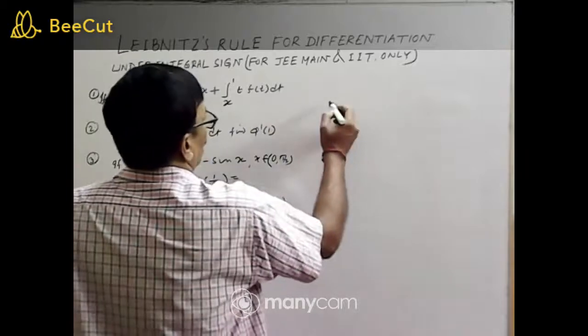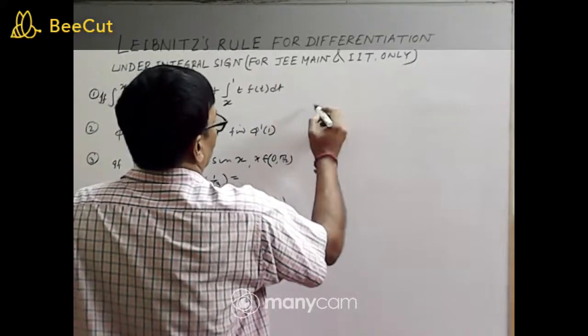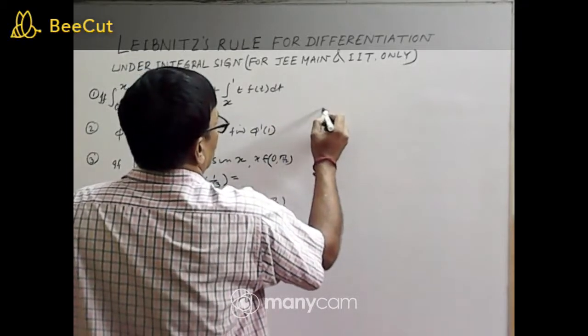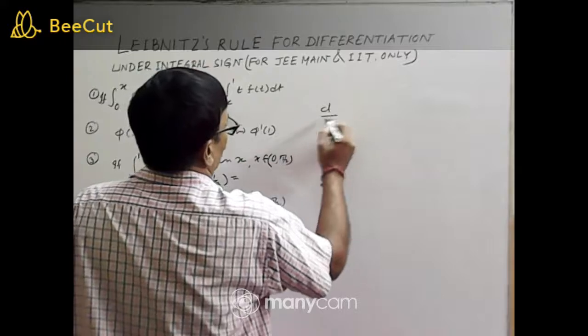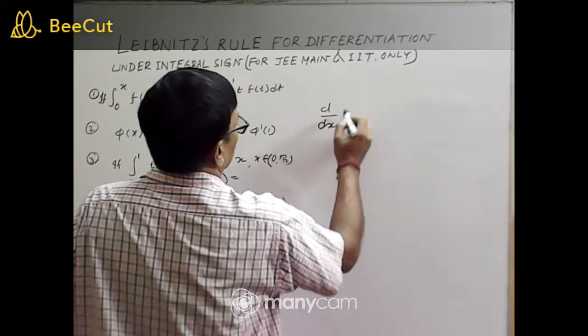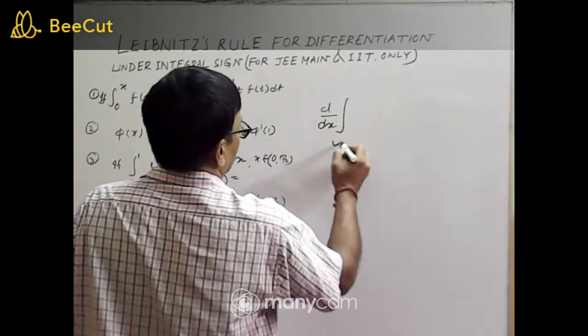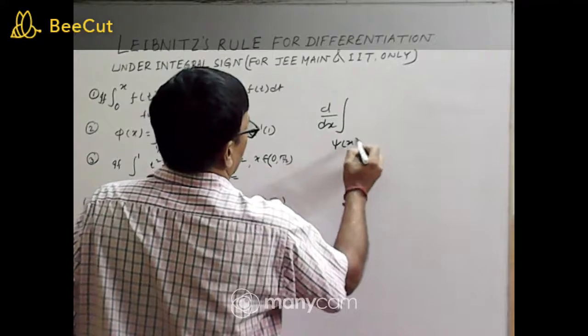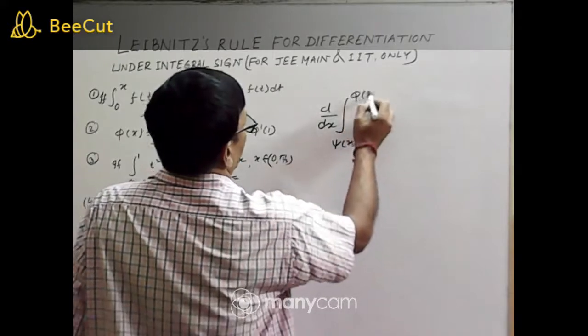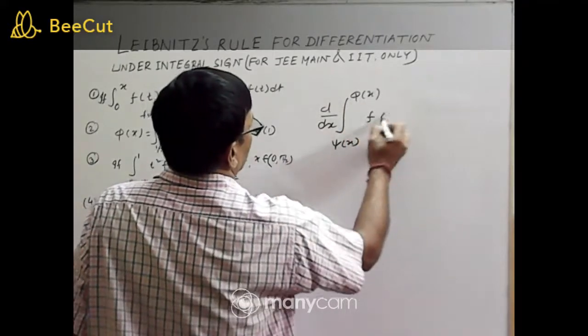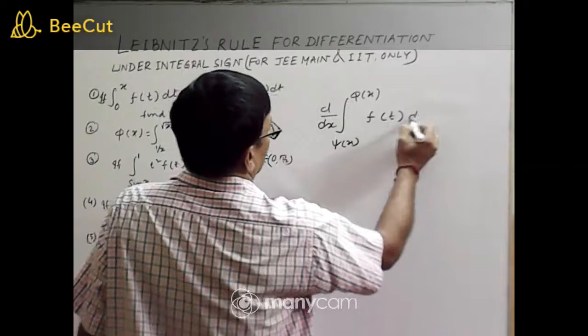So, d/dx of the integral from phi1(x) to phi2(x) of f(t) dt.